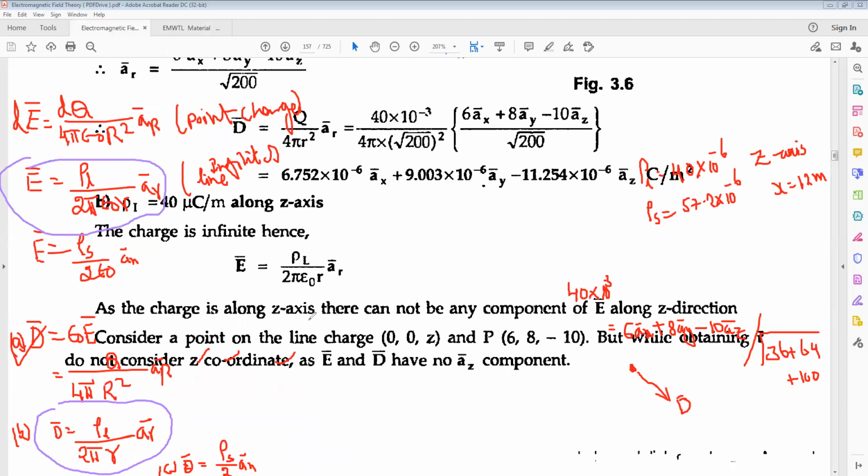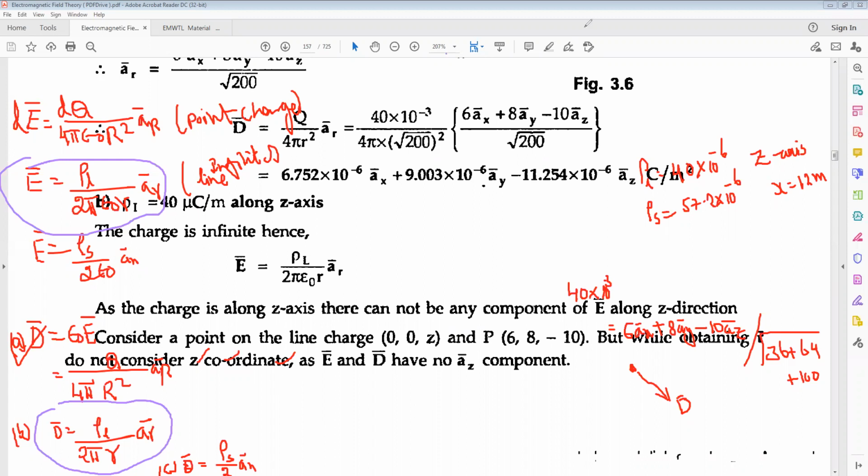As the charge is along the Z axis, there cannot be any component of E bar along the Z direction. So there is no Z value, only X and Y: 6 into AX bar and 8 into AY bar. The Z component is eliminated to find the AR bar.